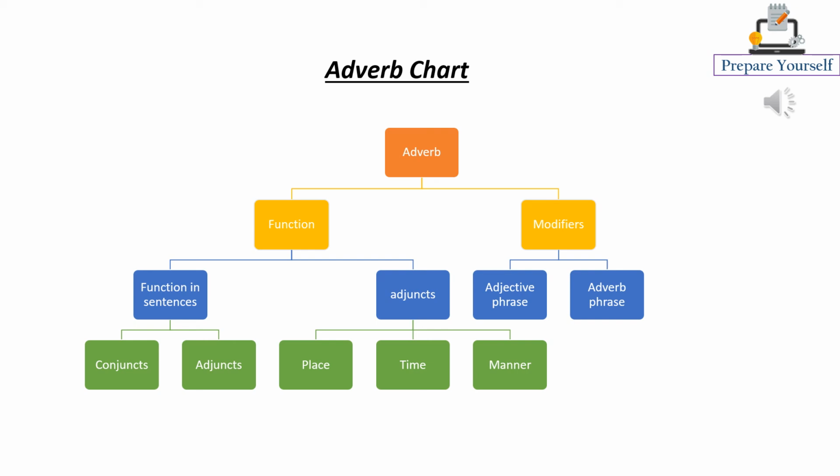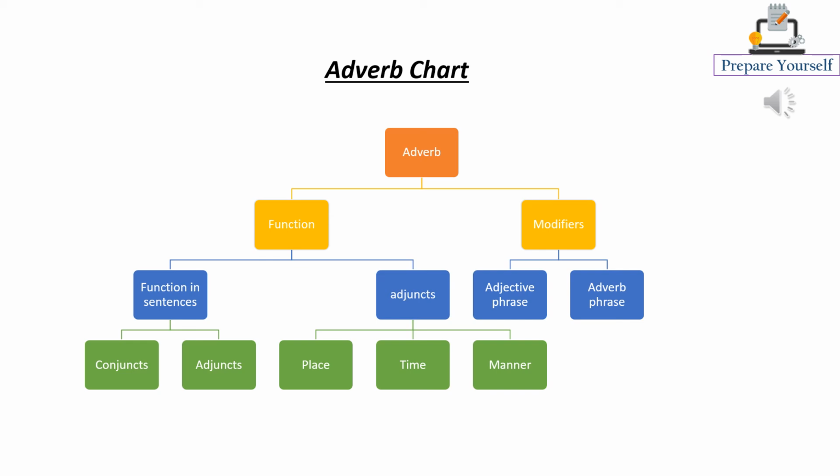Let's start with reading the chart: adverb, functions and modifiers. Under the functions heading, functions in a sentence are conjuncts and adjuncts. What are adjuncts? I will tell you.